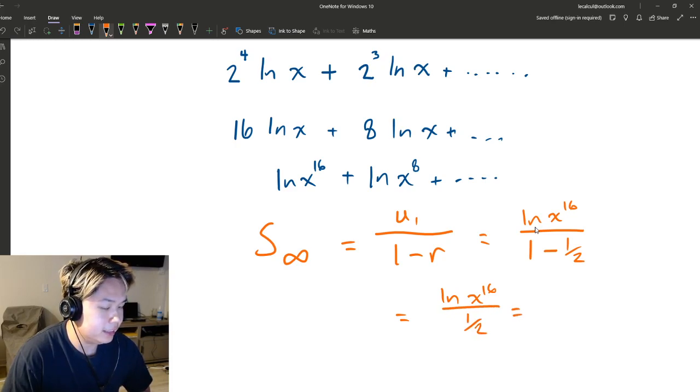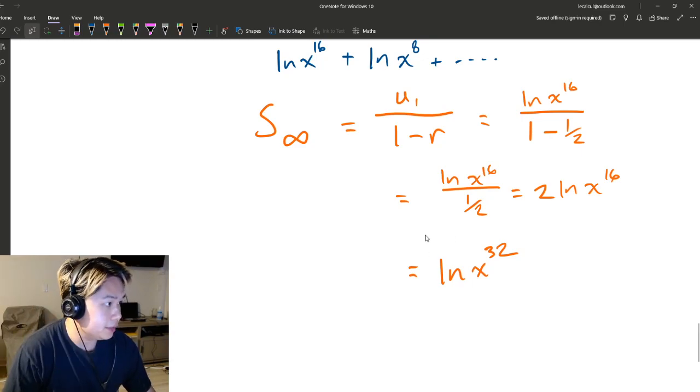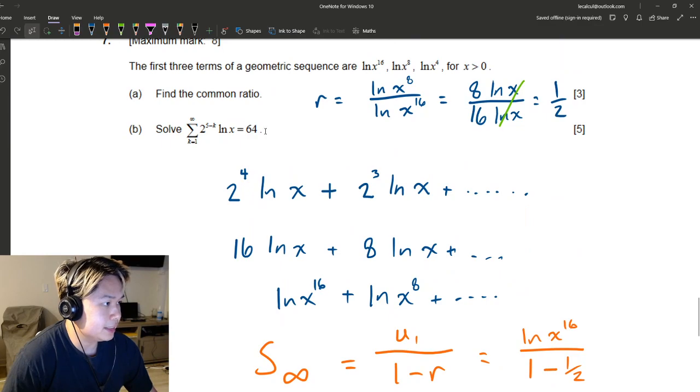And then if we're dividing by 1/2, that's the same as multiplying by 2. And then we're going to use the log property again, and multiply the 2 with the 16 in the exponent. So we have this. So here's our infinite sum. Now we know our infinite sum is equal to 64.